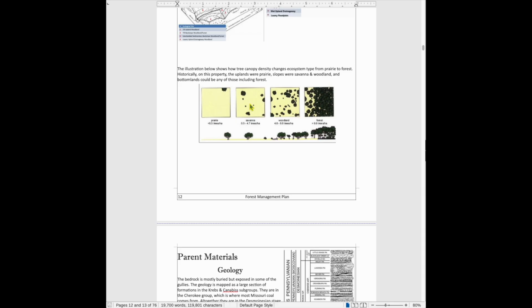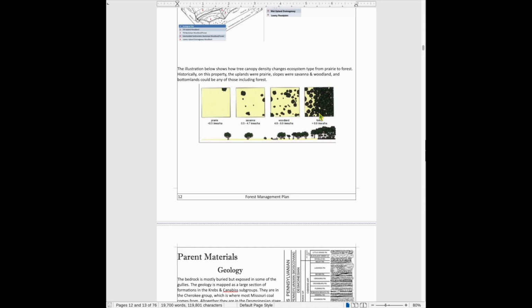And you would start to see more trees as you go lower in elevation into the valleys. More and more trees, and in some places you'll get even forest, maybe in broad river floodplains in the prairie country.